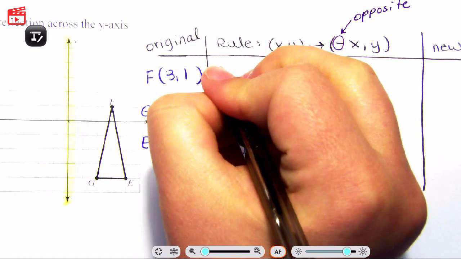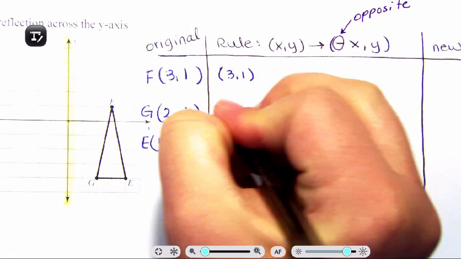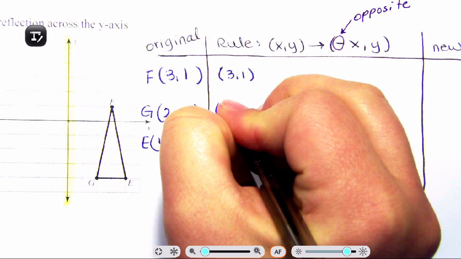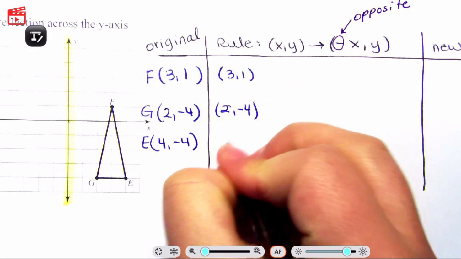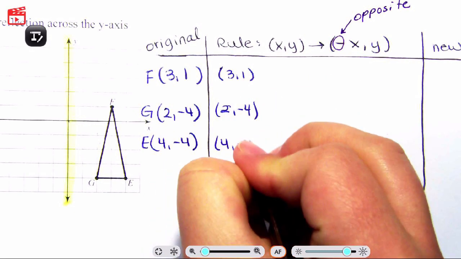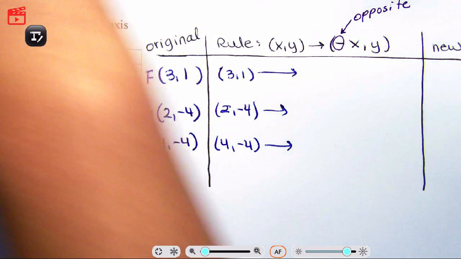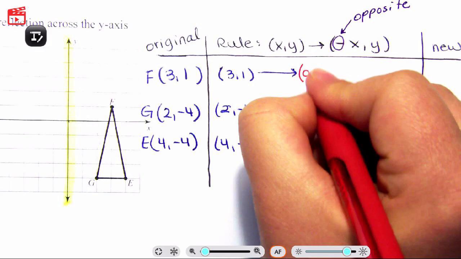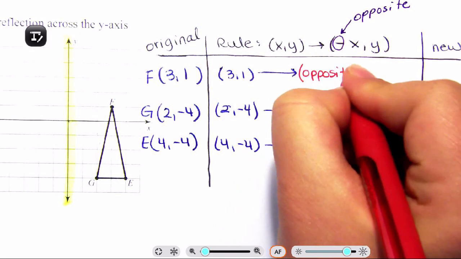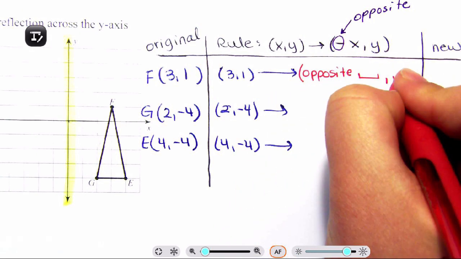So what's happening is you're taking your original points. You don't have to write the original points if you don't want to, because we already have them written down. They're going to, and I'll do this one time, opposite of your x value, comma, y.